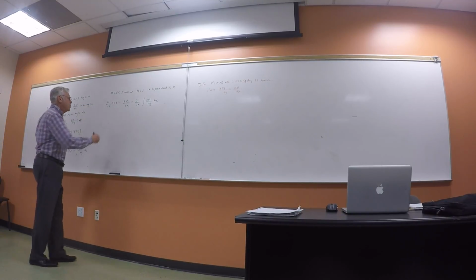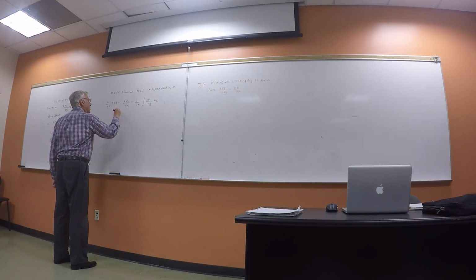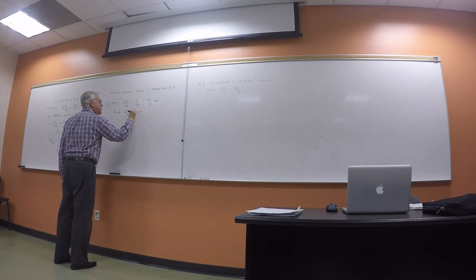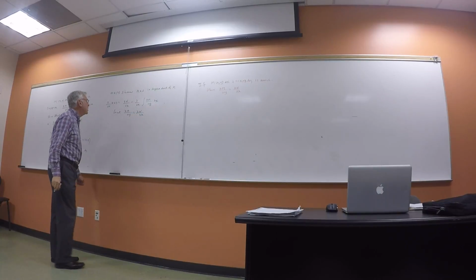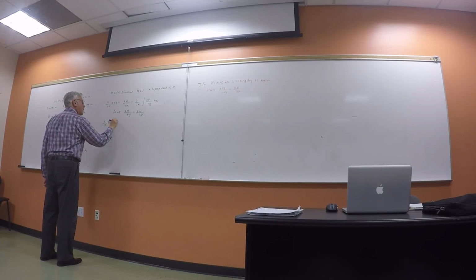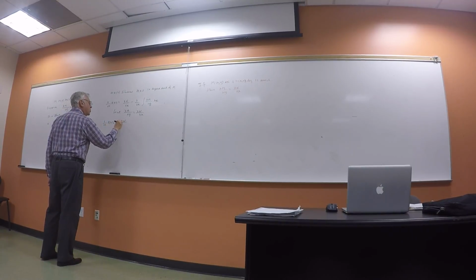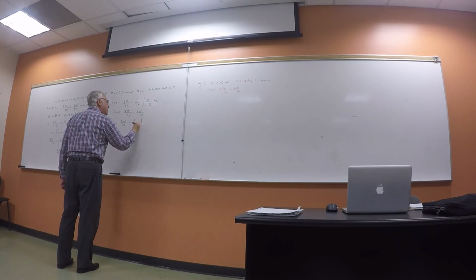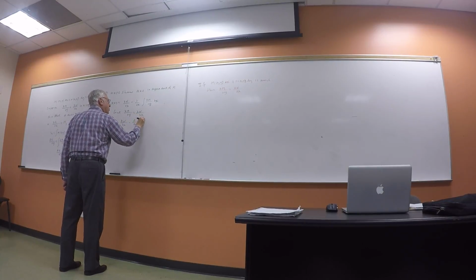So let's look at that. Partial M partial y is equal to the partial of N with respect to x. That's what I assumed. So when I do d by dx of the right-hand side, I get partial N partial x, minus d by dx of the integral of partial N partial x dx.